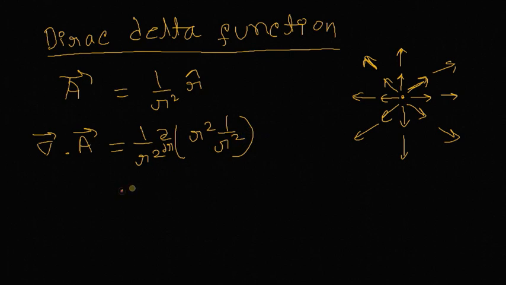So by doing this we get 1 by r square del r of 1, and that gives us the value 0. So divergence of this particular function is 0.